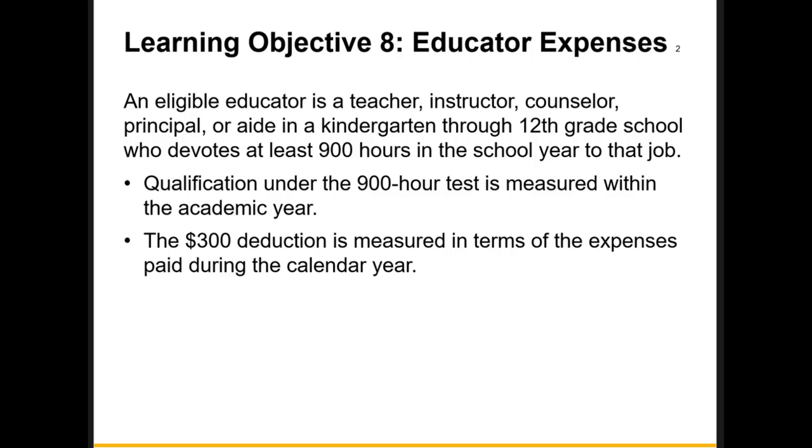So I am not an eligible educator, I do not qualify for this because I'm not teaching kindergarten through 12th grade, and it can't be too much part-time, right? At least 900 hours. Now that's still somewhat part-time, and can be measured on the academic year, but it's got to be pretty close to a full-time educator.